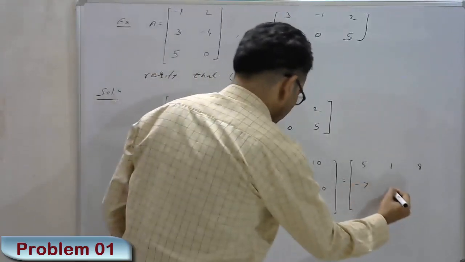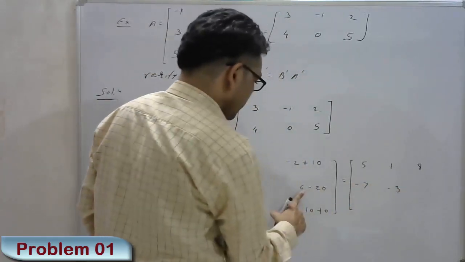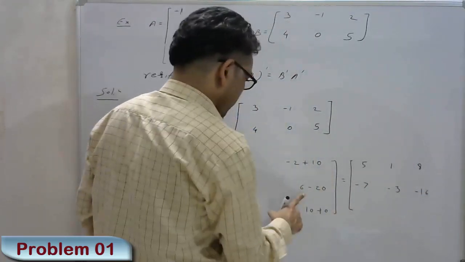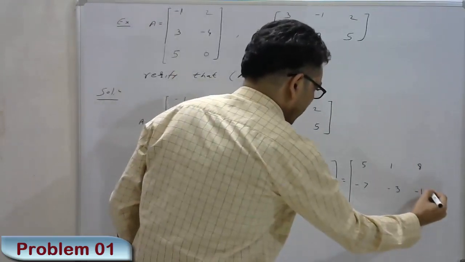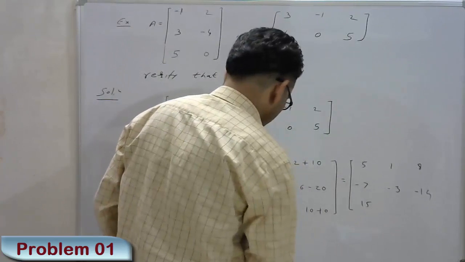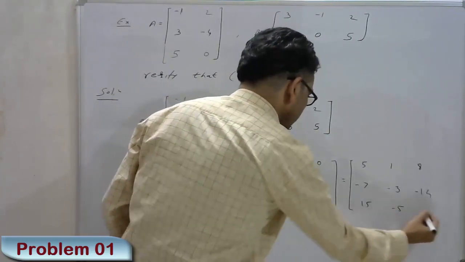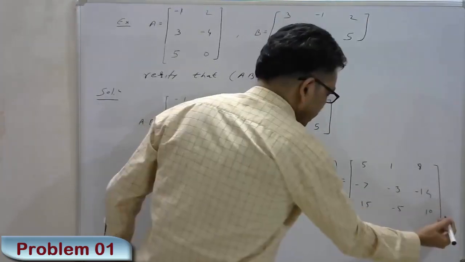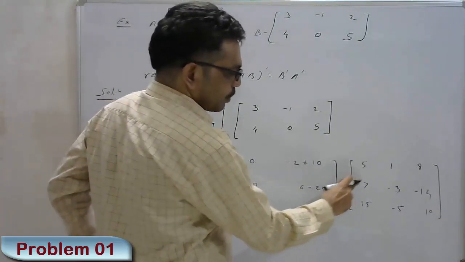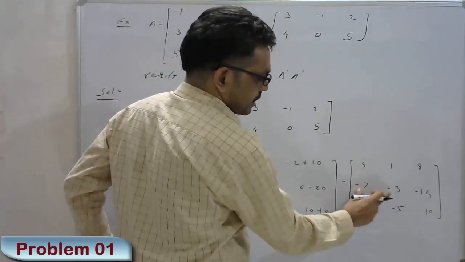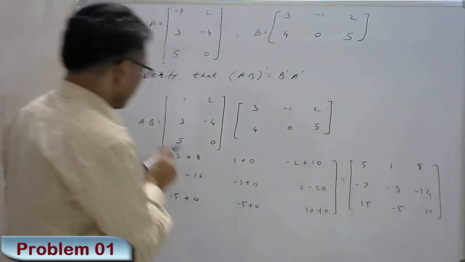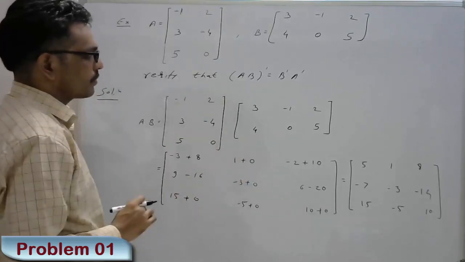Minus 3 plus 0, this one is equal to minus 3. 6 minus 20, this one is equal to minus 14. 15 plus 0, this one is equal to 15. Minus 5, and the last one is 10. Therefore, the product of the two matrices A and B, row wise elements, is 5, 1, 8, minus 7, minus 3, minus 14, 15, minus 5 and 10. Okay, this is the product of A and B.